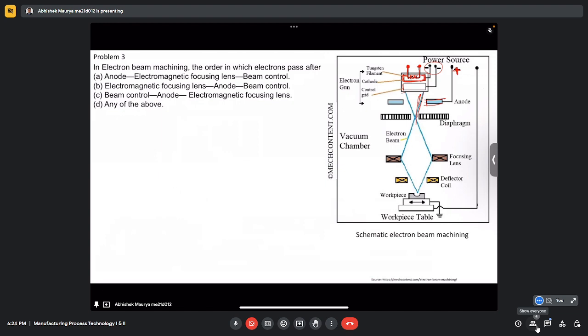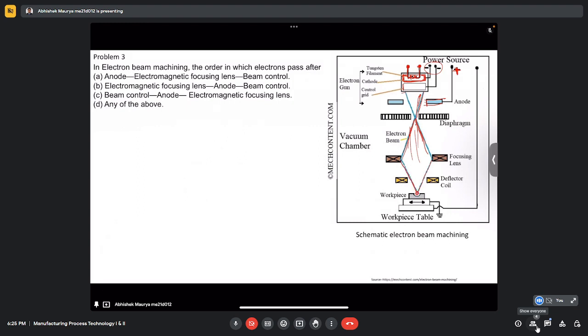Now after that we have some filters and a diaphragm which allow the electrons moving in the downward direction. And then we have a focusing lens, whose job is to focus at one point.